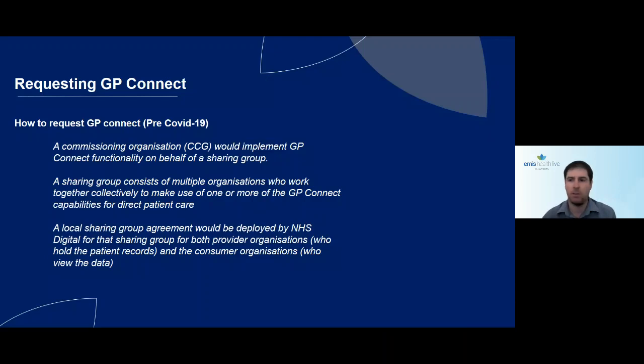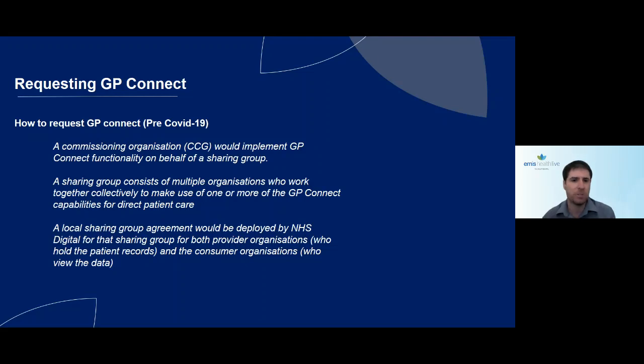So we're just going to have a little look at how it is requested. Pre-COVID-19, GP Connect was requested by a commissioning organisation, so a CCG, who would implement a GP Connect functionality on behalf of a sharing group.